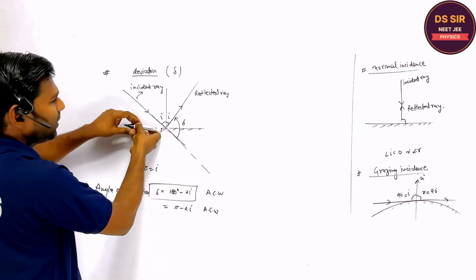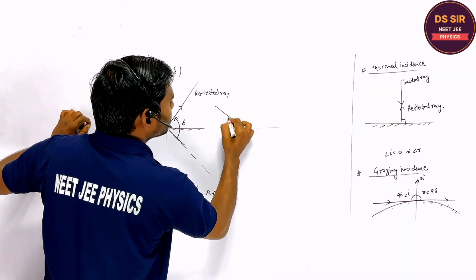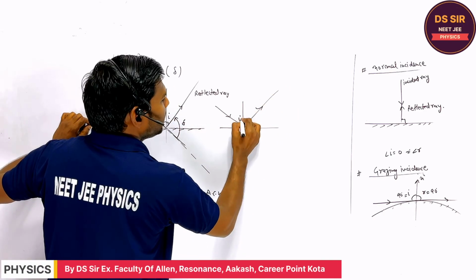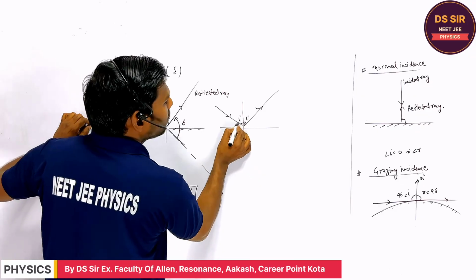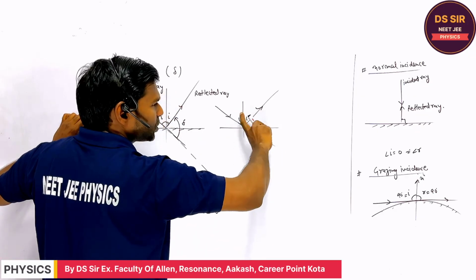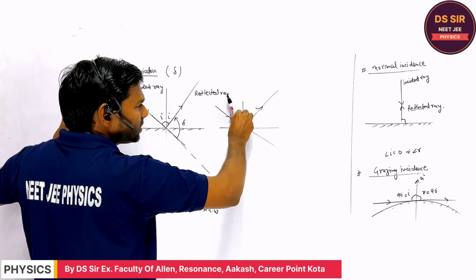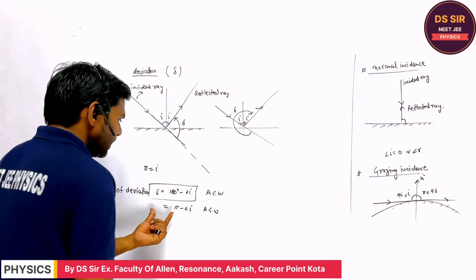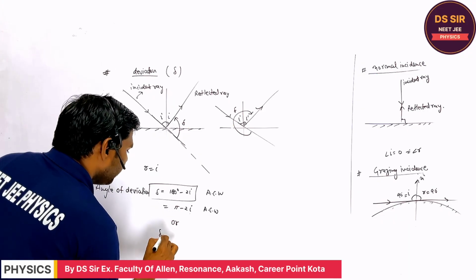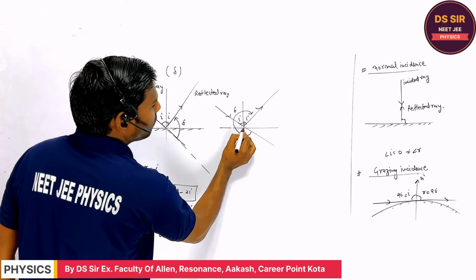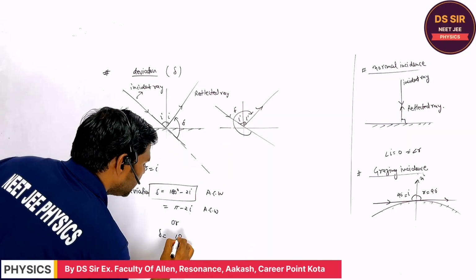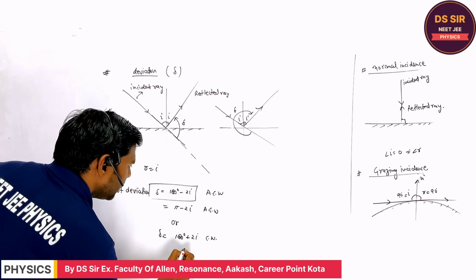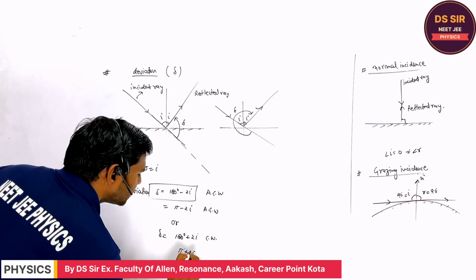But the same thing may also be written as: the light ray was moving in the initial direction, and now it is deviated in the clockwise direction. This is again the deviation: 180 degrees plus 2i, pi plus 2i, in the clockwise direction.